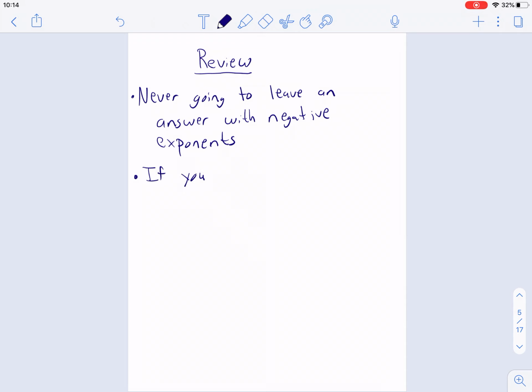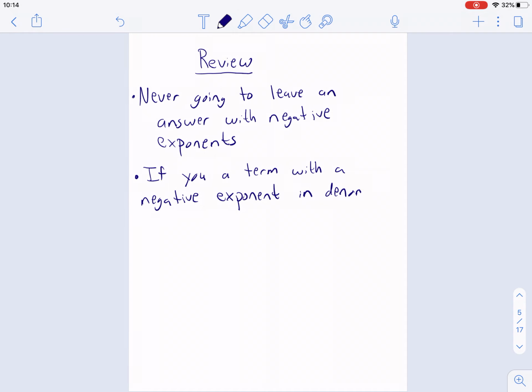If you have a term with a negative exponent in the denominator, we are going to move it to the numerator to make a positive exponent.